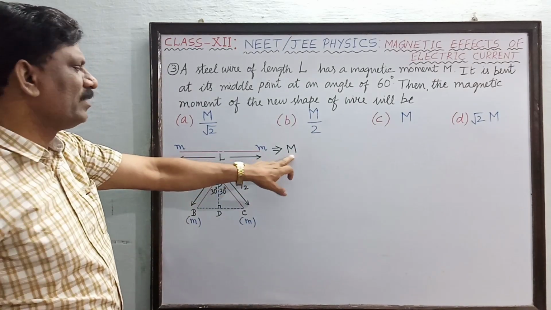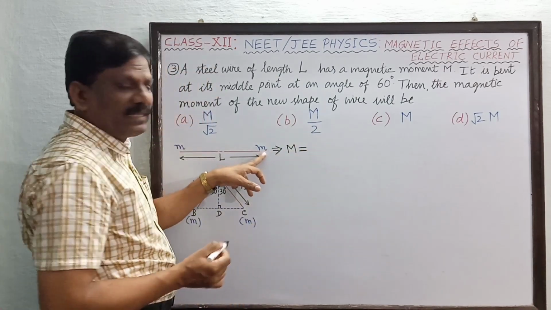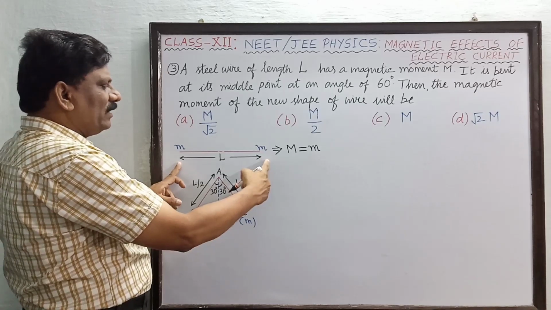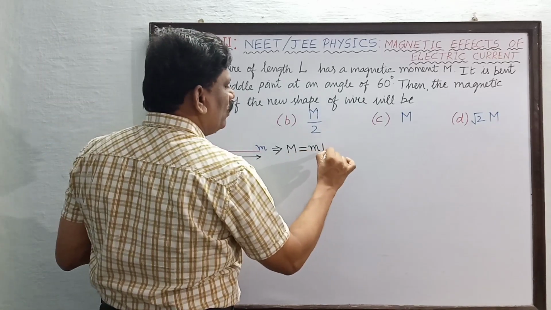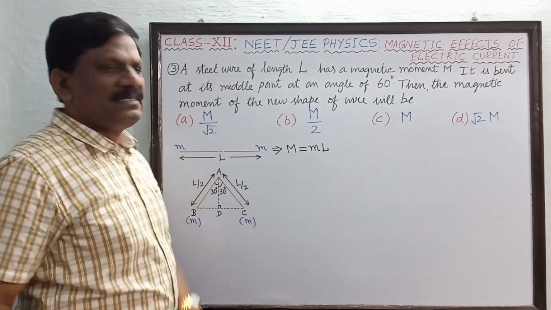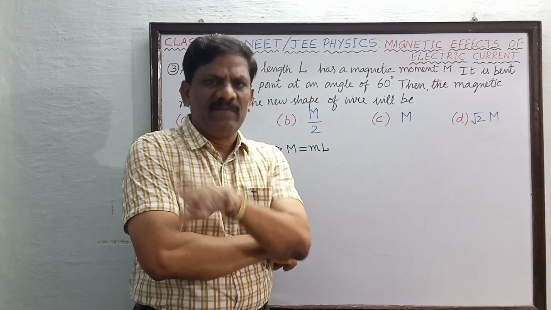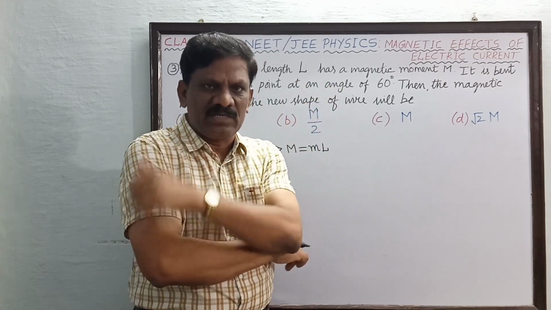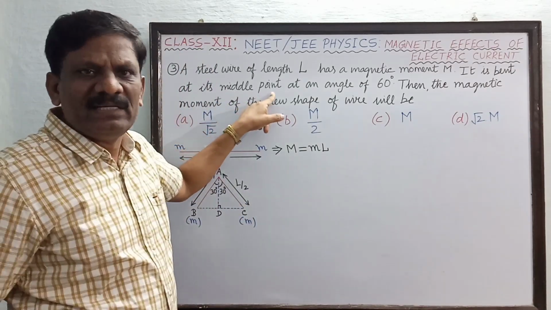The magnitude of the magnetic moment is equal to pole strength m multiplied by the distance between the two poles, that is L. So M equals m into L. This is the expression for the magnetic moment of the steel wire when it was straight and not bent.